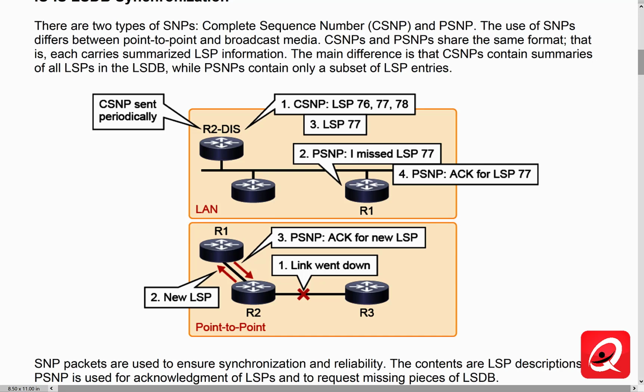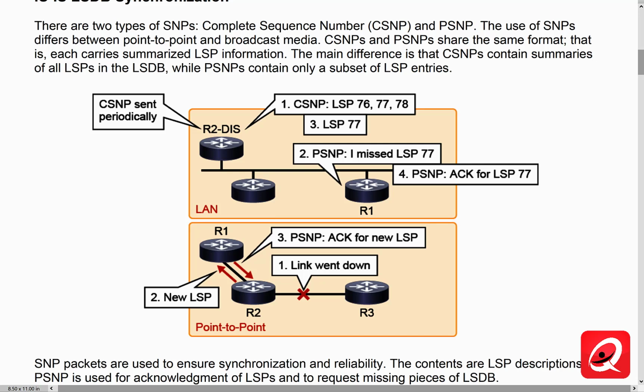And router 1 says, you know what? I missed LSP 77. So the DIS sends out LSP 77, and we acknowledge that we received LSP 77. Remember that the message that says I missed LSP 77 is a PSNP message that gets sent to the DIS to request that missing information. And we reissue only that missing information, and router 1 acknowledges that with a PSNP message.